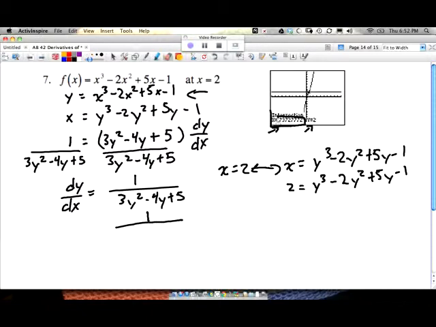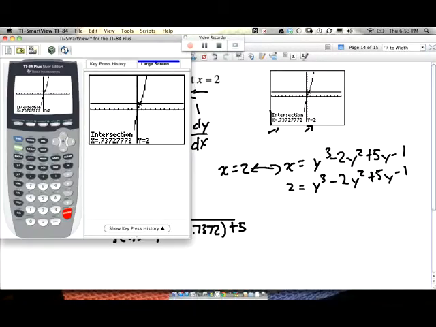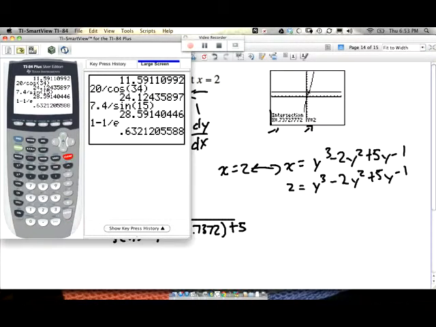I think it is. 1 over (3 times 0.7372 squared minus 4 times 0.7372 plus 5). So I've got to calculate that. Good thing I have a calculator. So let's clear this. I'm going to do 1 divided by, now I've got a bunch of stuff down here. What is it? What all is it?